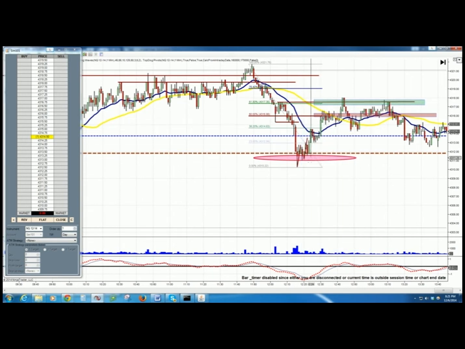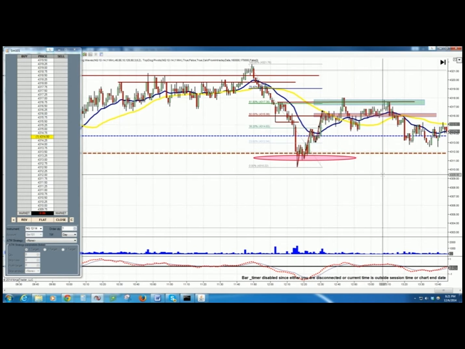And then I can also take a look at this swing here, and see how that compares. And that's a dead match.